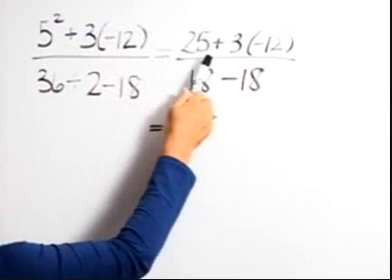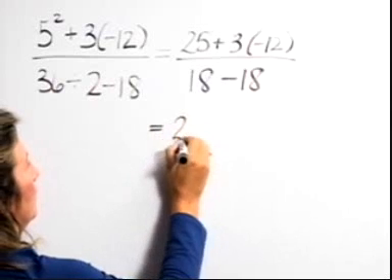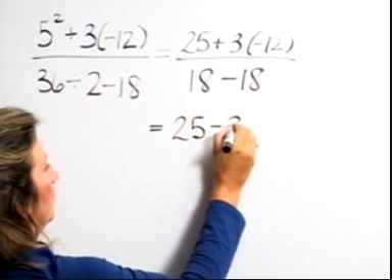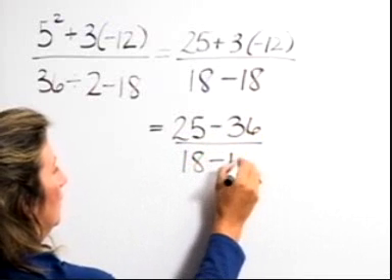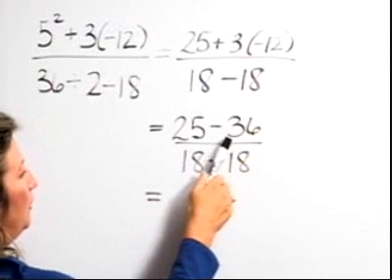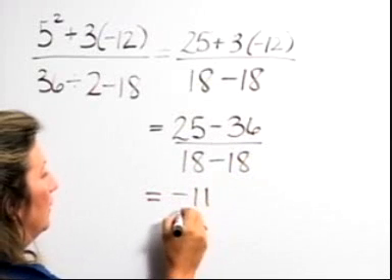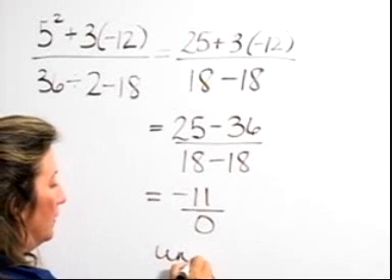In the numerator, 3 times negative 12 is negative 36. 25 minus 36 is negative 11 over 0, and anything divided by 0 is undefined.